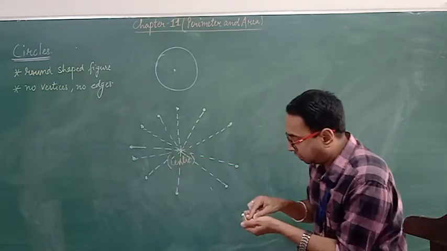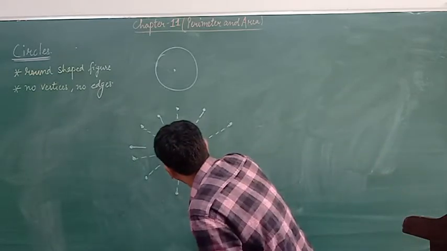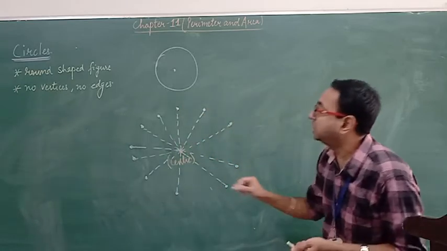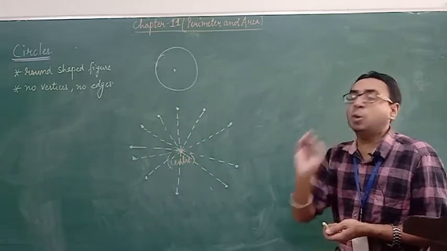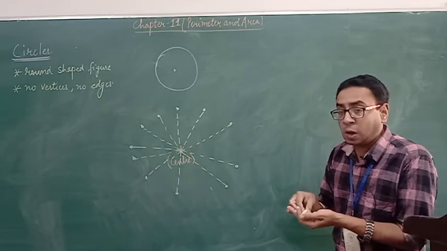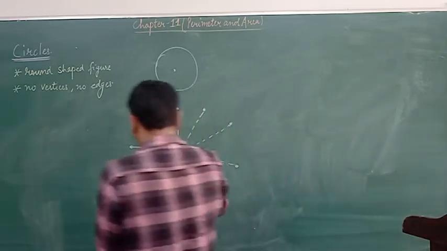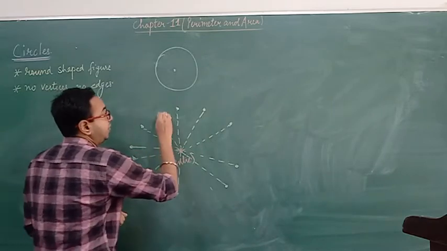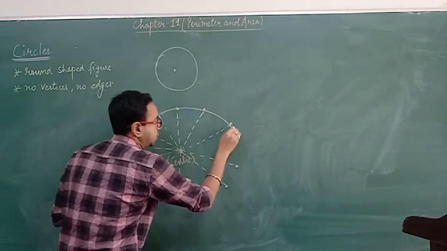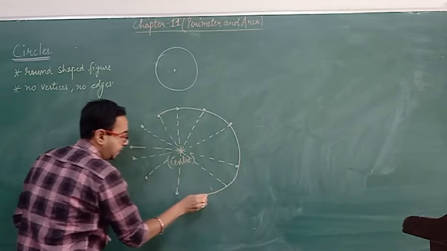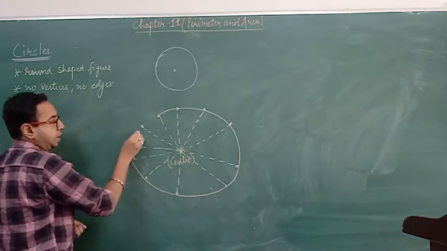With the center, with this fixed point, I drew various points at a fixed or equal distance from it. Now, if I join all these points, let's see what I'll be getting. If I join all these points together, what did I get?